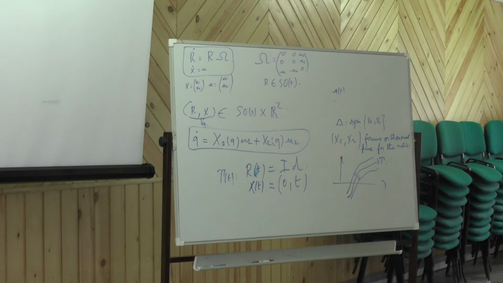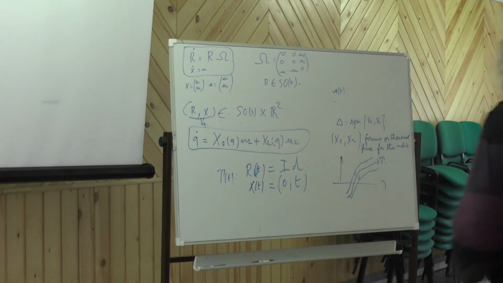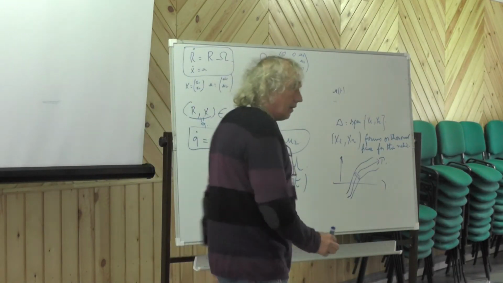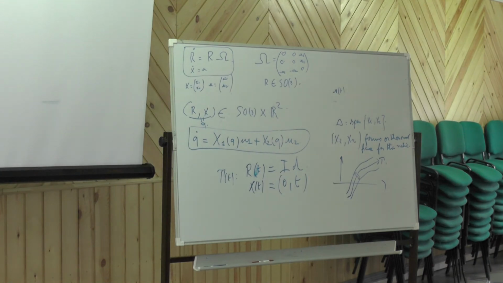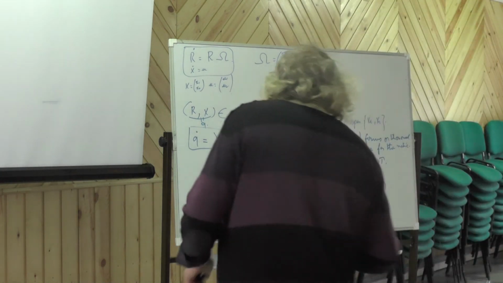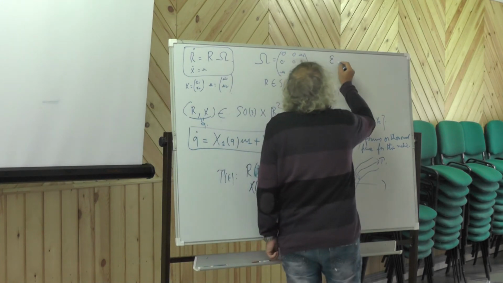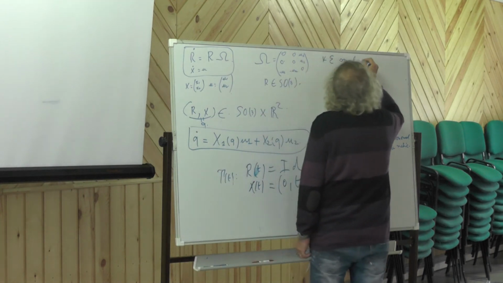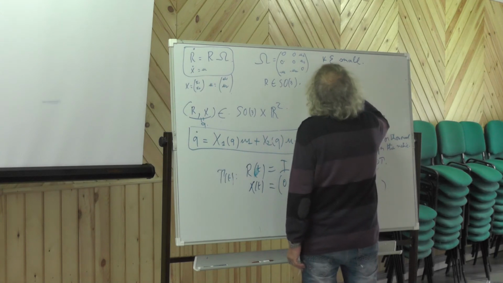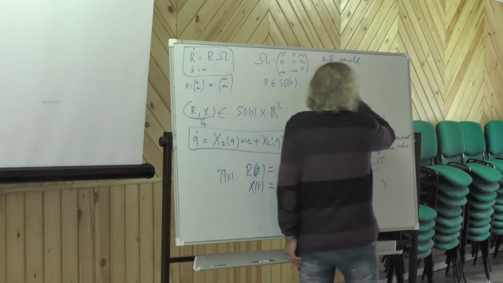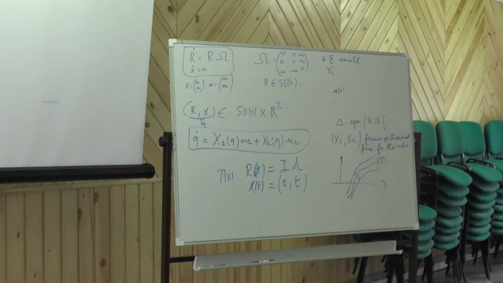Since you are engineers, you want, if possible, to do it in a constructive way, which means that for all epsilon small, you want to construct an admissible curve, gamma epsilon, which approximates up to epsilon the given non-admissible curve gamma.